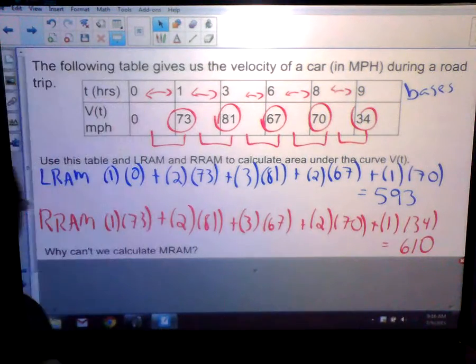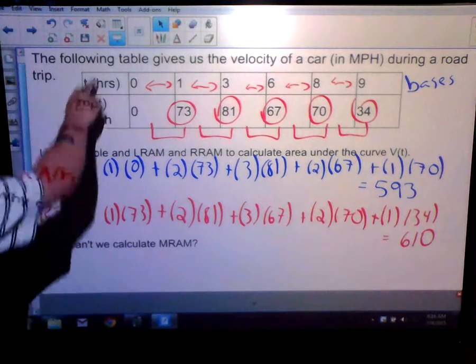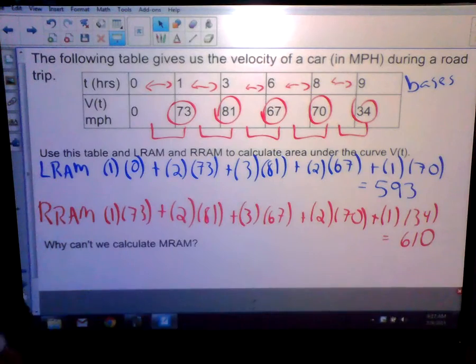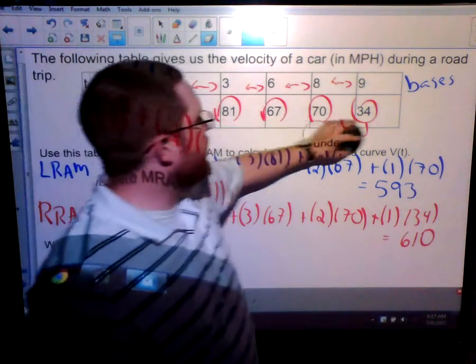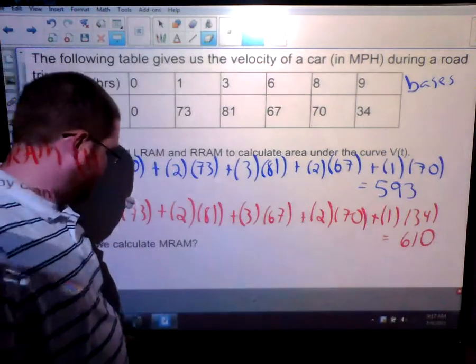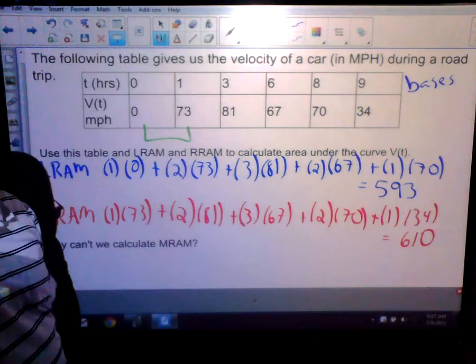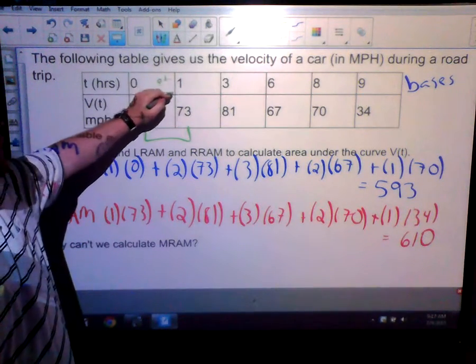They're pretty close. Why can't I calculate MRAM? Well, this comes up every time. Why can't I calculate MRAM? MRAM means the middle between these two. Can I figure out the middle between these two? Well, I know the middle between 0 and 1 is 0.5.